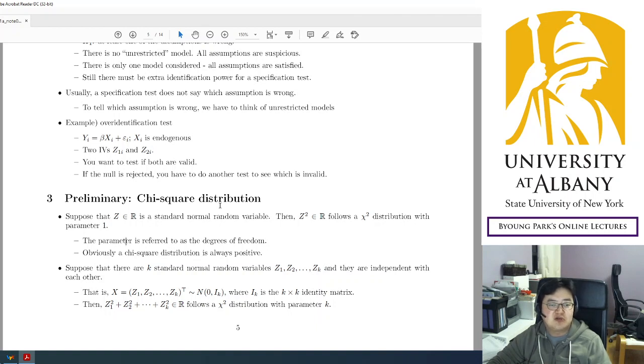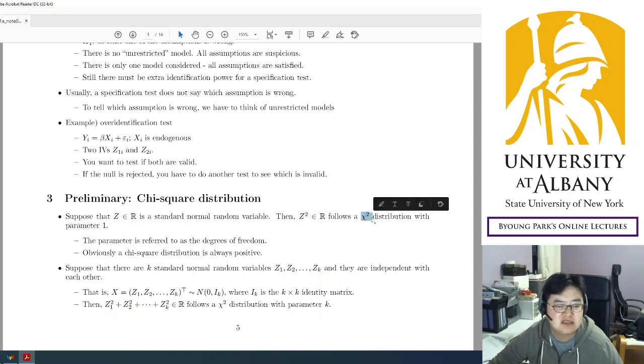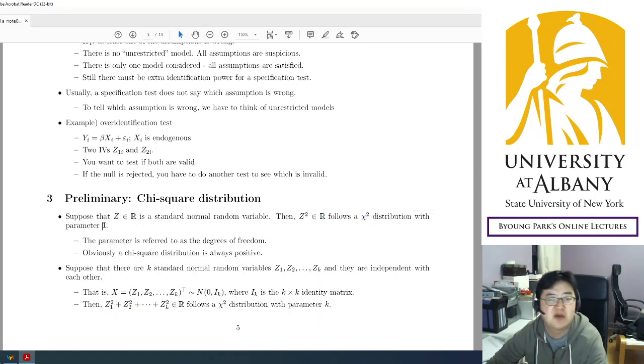So normal distribution with mean zero, variance 1, and then z squared is another scalar random variable, and we define this to be the chi-square distribution. But we say this has a parameter of 1.